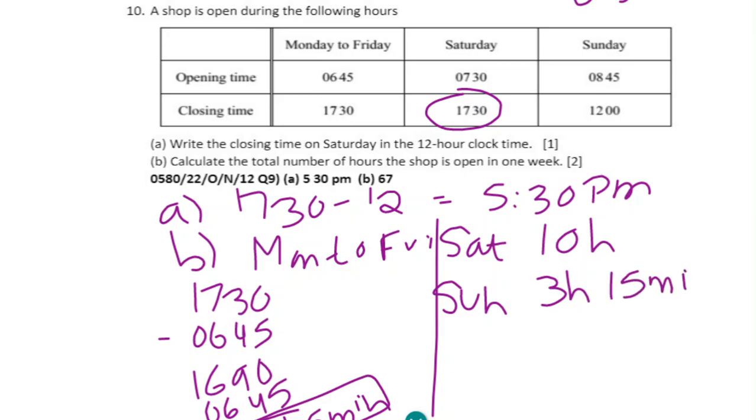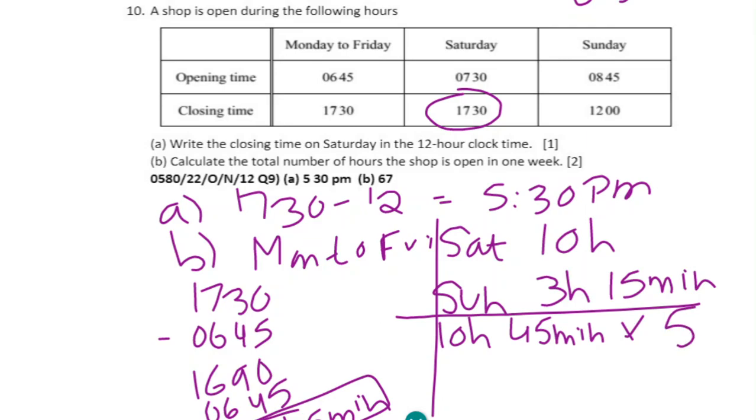Now add all of these times. So 10 hours and 45 minutes times 5, let's multiply this, we get 50 hours and 225 minutes.